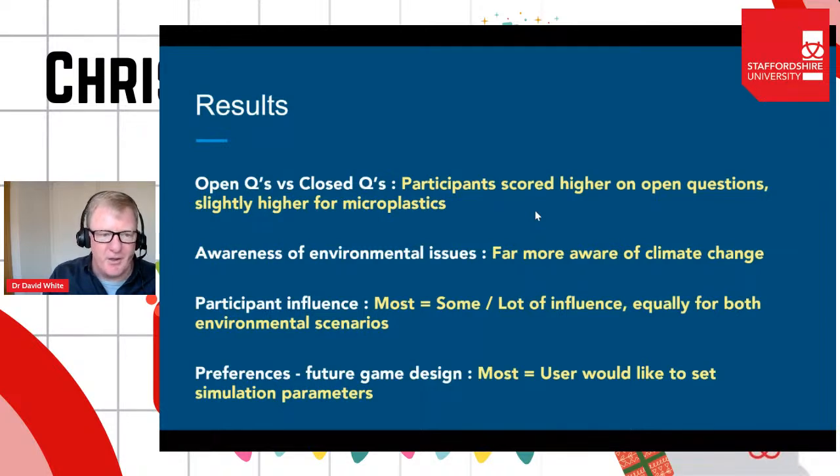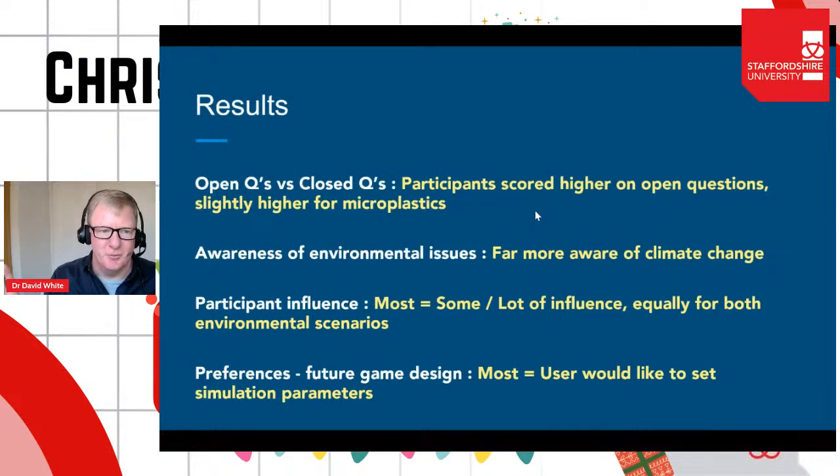As I mentioned, awareness of environmental issues. People are far more aware of climate change. No real surprise there. What surprised me slightly was participant influence. How do people think they can influence climate change? Do they think they can influence microplastics? I thought going into this that they probably thought, well, I am just one person. I can't affect this.